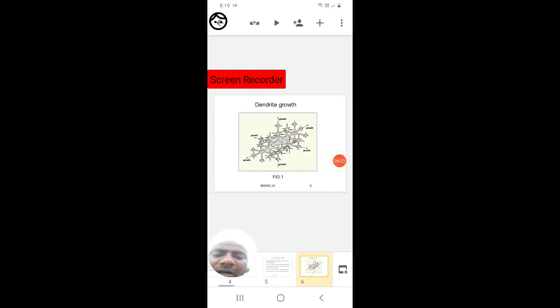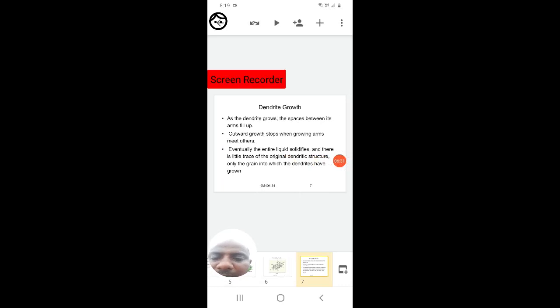That is called dendrites, or dendritic structure, which we already discussed in the crystallization of a metal.